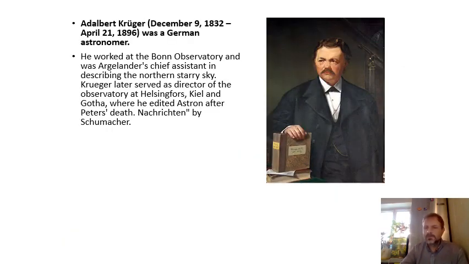Adalbert Krüger, another famous German astronomer, was chief assistant and worked as a director of the observatory at Helsingfors, Kiel, and Gotha.